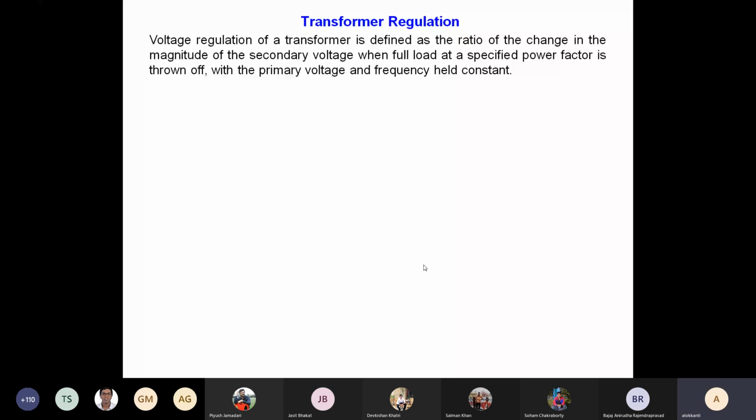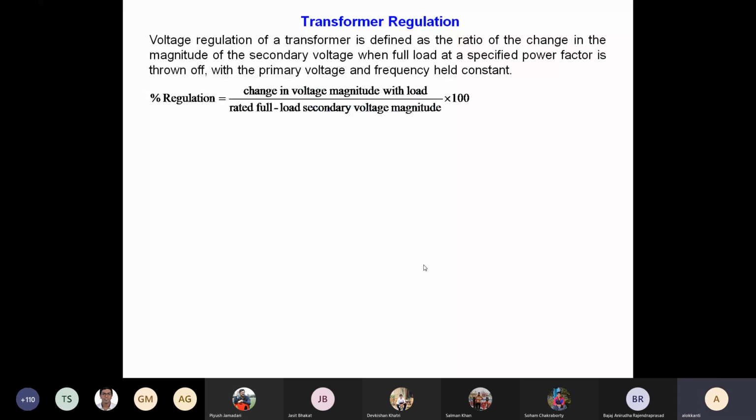So the difference in that voltage across the secondary terminals when the load is thrown off, with respect to the full load voltage, is known as the transformer regulation. So we will define it mathematically.